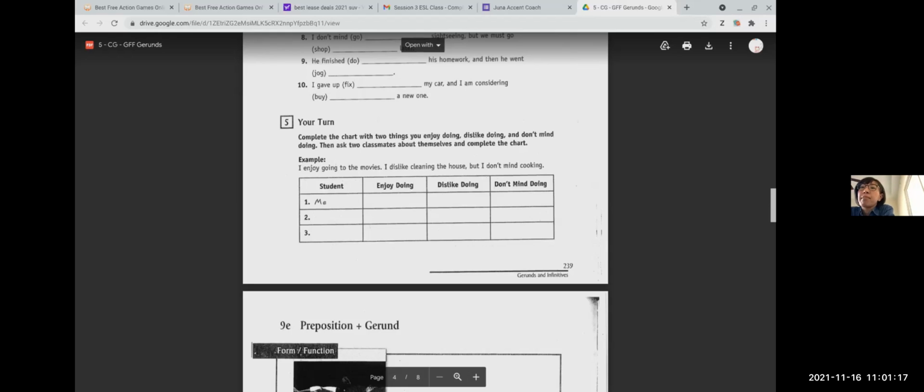I enjoy sewing. And I dislike cleaning. I don't mind cooking.